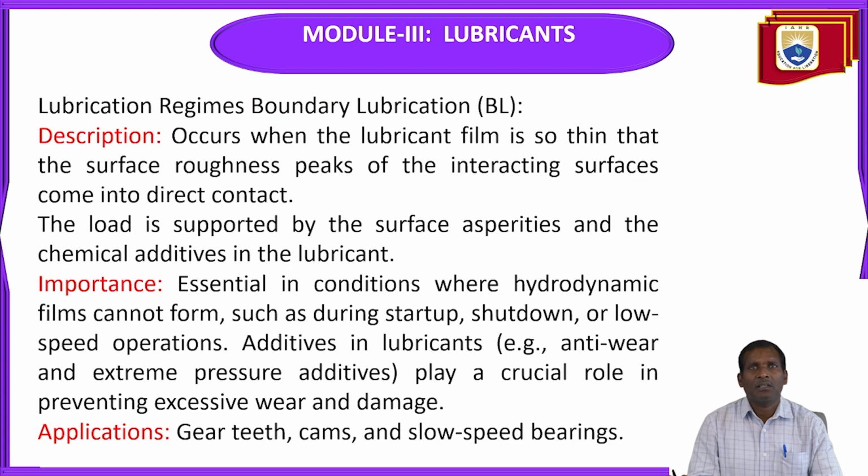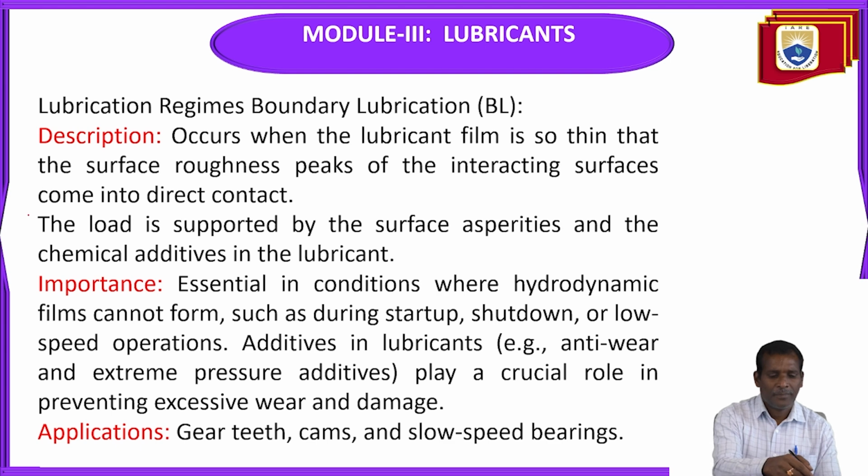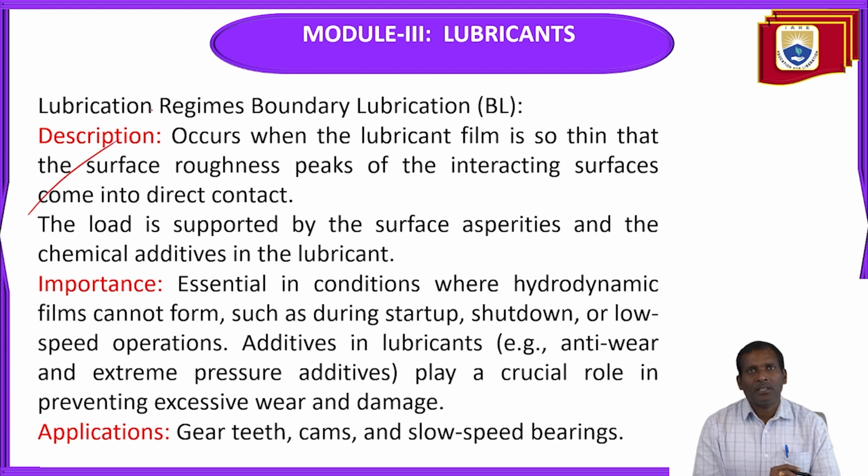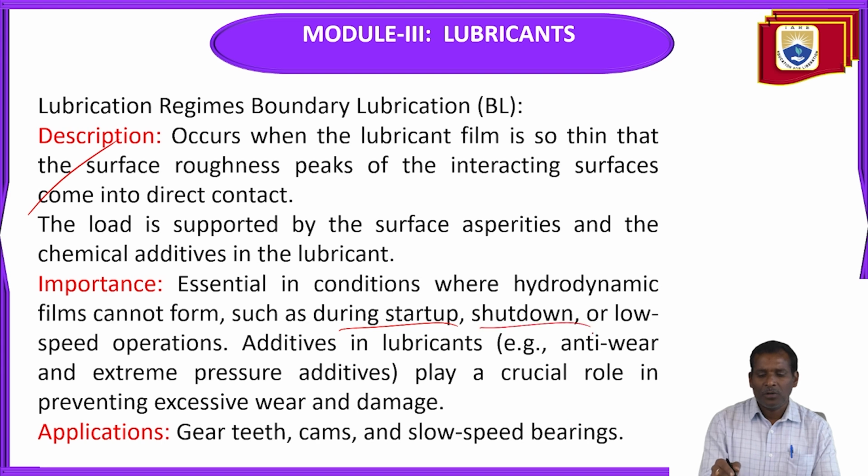So what are the regimes? Boundary lubrication occurs when the lubricant film is so thin that the surface roughness peaks of the interacting surfaces come into direct contact. Its importance is that it is essential in conditions where hydrodynamic films cannot form, such as during startup, shutdown, or low speed operations.